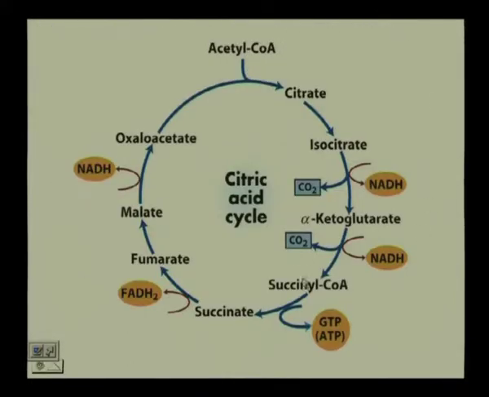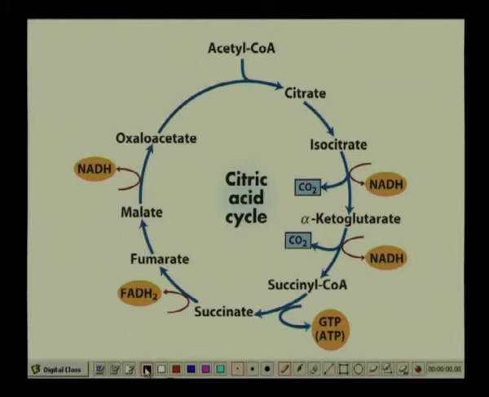So, here is our whole cycle. Acetyl CoA comes into the picture, from oxaloacetate to citrate, to isocitrate, NADH produced. So, here is 1 NADH. We have oxaloacetate, how many carbons here? 4. How many carbons here? 2, 6, right?